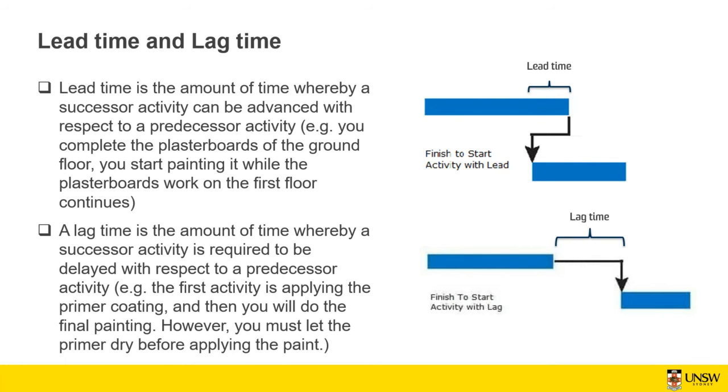The first activity can be applying a primer coating on a wall, and you need to wait until the primer coating is dry, and then you can apply the second coat of paint. So you need to have this lag time. And depending on the job, this lag time can also be different.